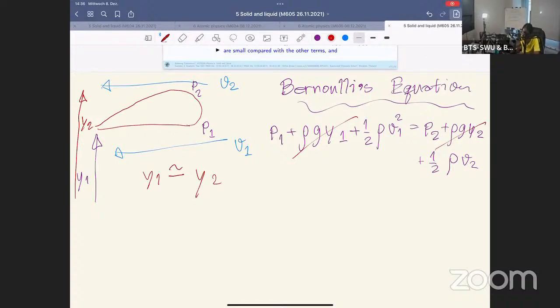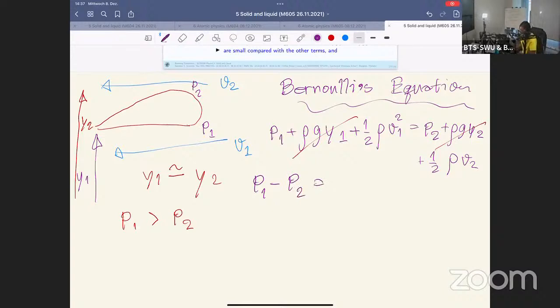And we want to observe, because P1 is greater than P2, right? Underneath the wing, we have higher pressure, and we have lower pressure above the wing. So we want to observe P1 minus P2, which is delta P. What is that?